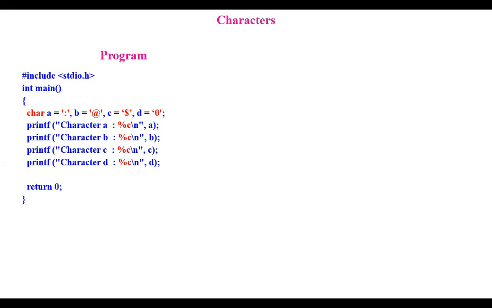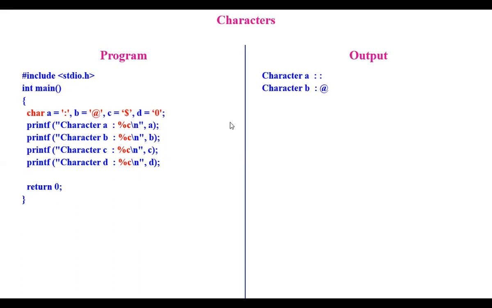If you compile and execute this program, we get character A is equal to colon, B is the @ symbol, C is $, and D is 0. Like this, even special characters or numbers are all displayed using %c only.